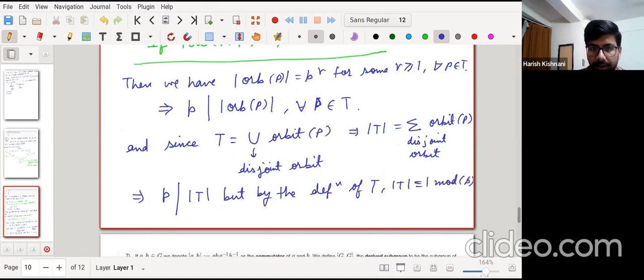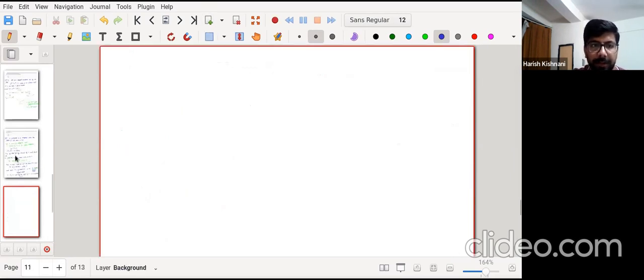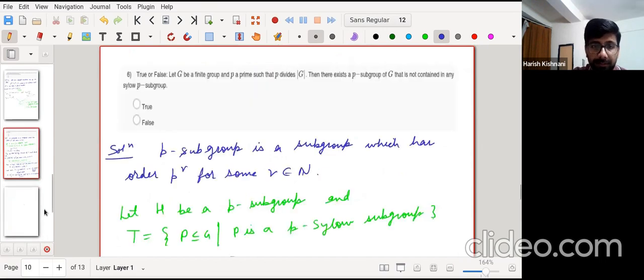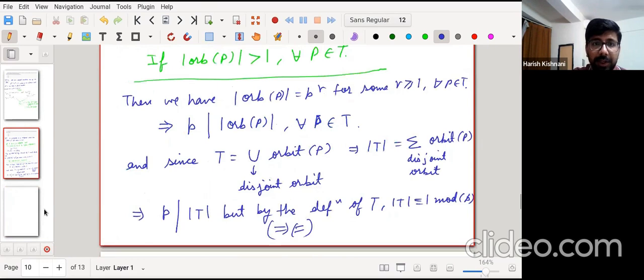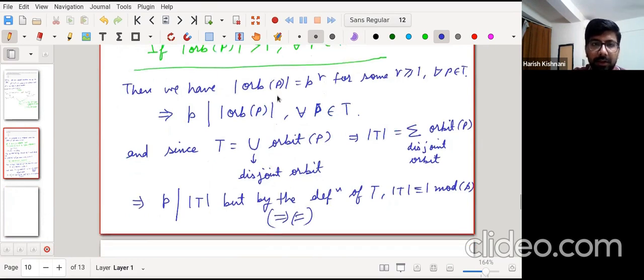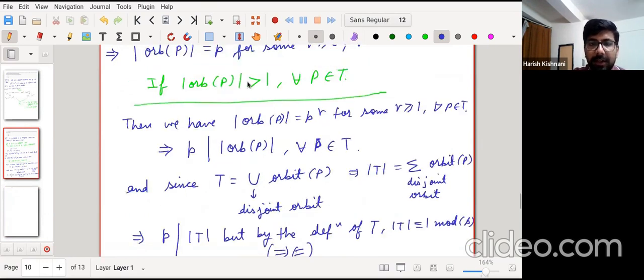We are getting P divides the order of T, and from the Sylow theorem we are getting the order of T congruent to one mod P. And why are we getting the contradiction? Because we assumed that each orbit has size greater than 1.